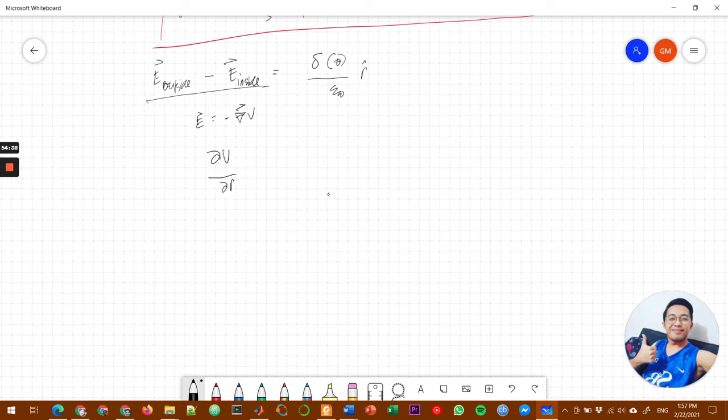This is r outside minus r inside. This is negative sigma over epsilon naught. So this is how we will get the charge density from this formula.